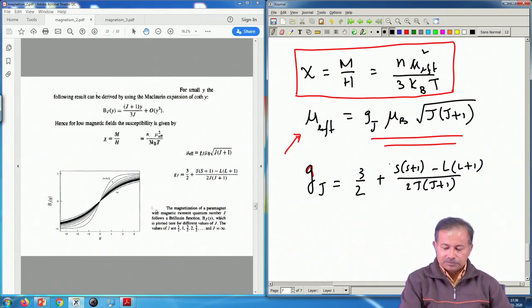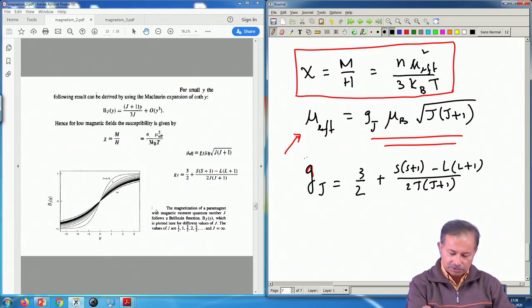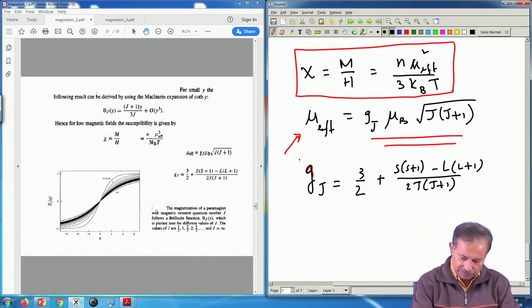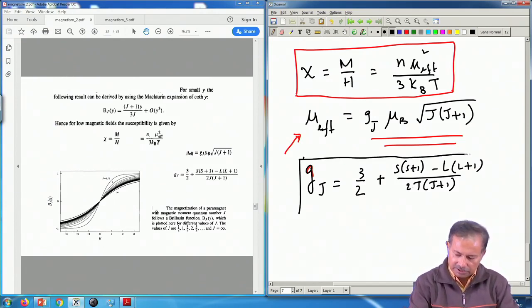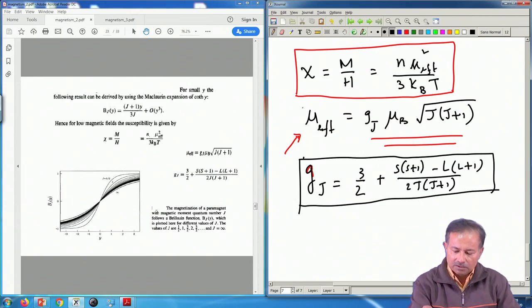Of course, once you have this coupling between L and S, you cannot do this. The total g_J deviates somewhat from 2, and that is this formula. This is just an atomic physics calculation, and you can find it in any book if you want to, but for all practical purposes you do not need to.